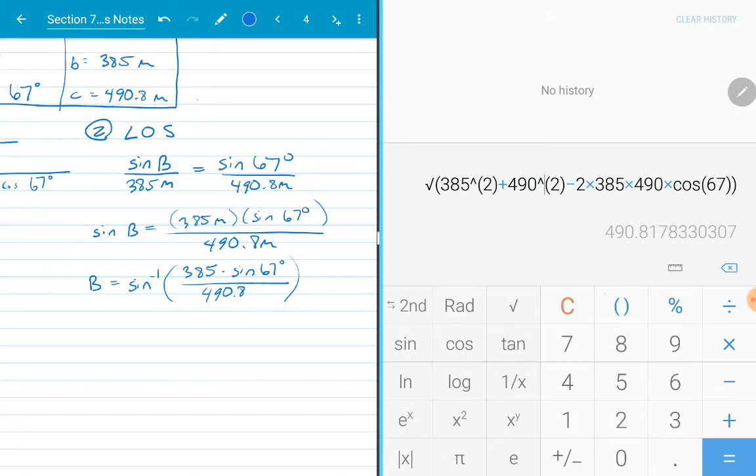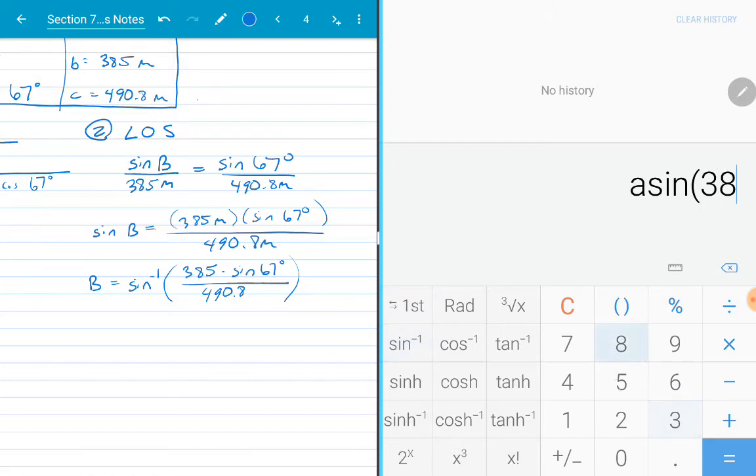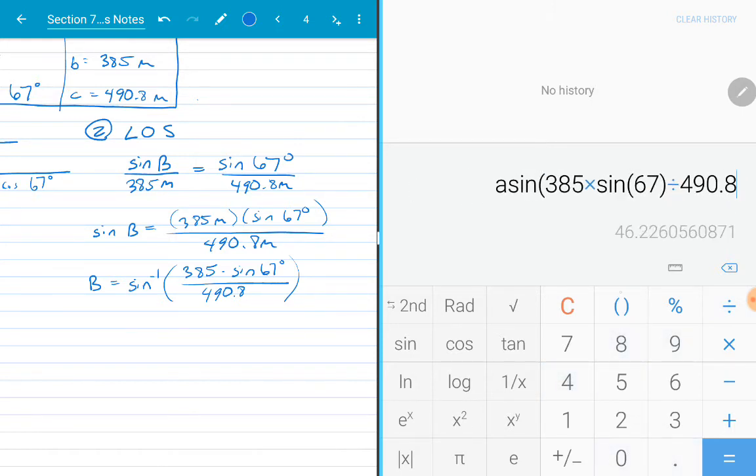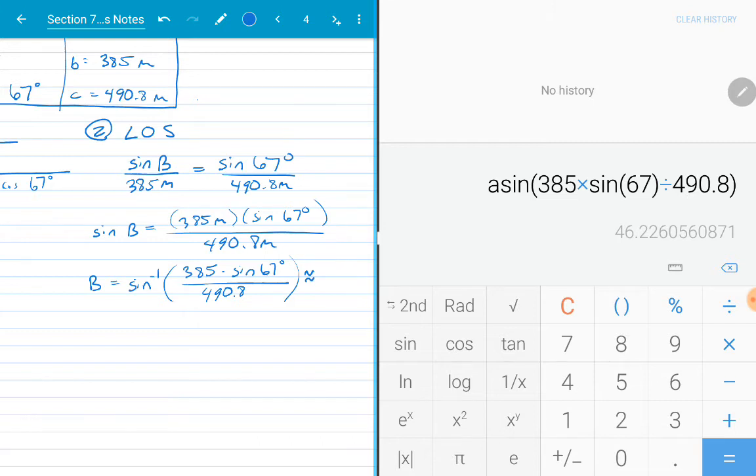So that gives me, let's clear all that, sine inverse of 385 times sine of 67, make sure I'm in degree mode, which I am, divided by, oops, I need to close that parenthesis on the sine, divided by 490.8, and then I'm closing the parenthesis on the arcsine, and I get that angle B is approximately, again, directions don't specify where to round, so I'm just going to go with one decimal place, 46.2 degrees.